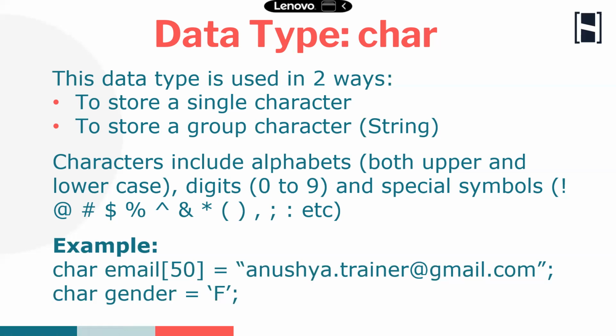So please remember, when I say char and give the variable name and store a single character, it is going to occupy 1 byte. But when I'm planning to give a group of characters, the size is calculated based on the maximum number of characters you are specifying. That many bytes will get allocated for the variable. So this is how memory is allocated for char.